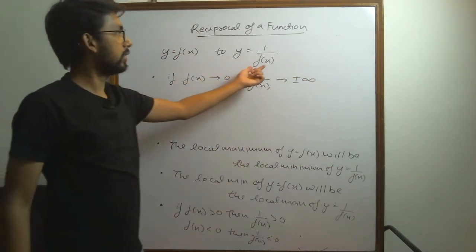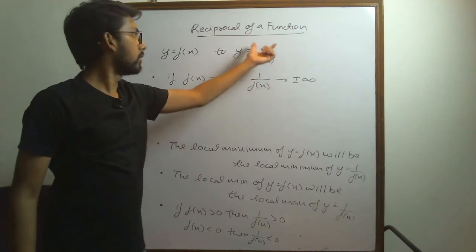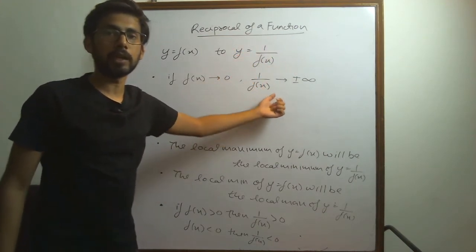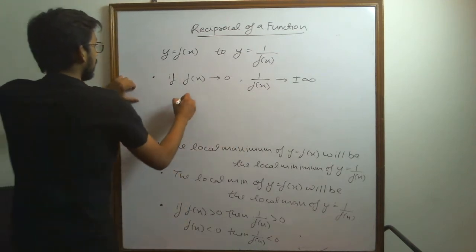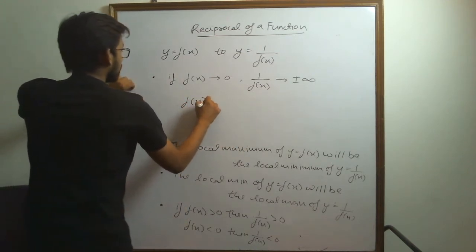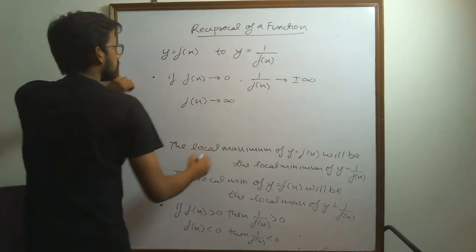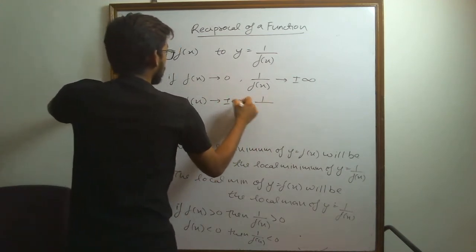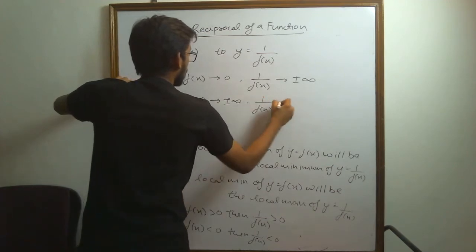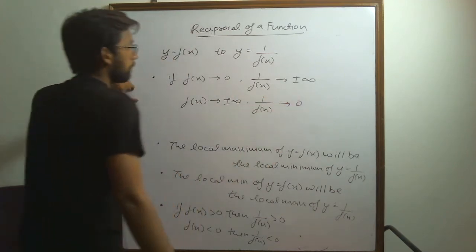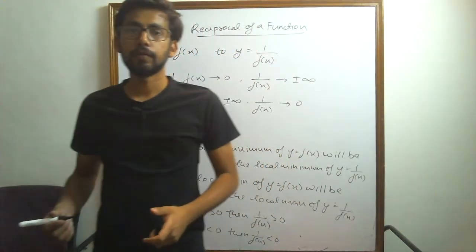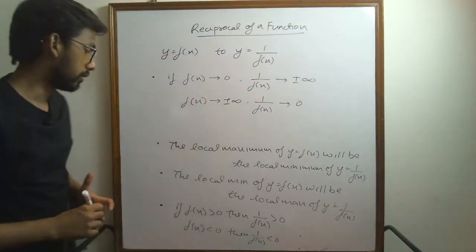As the denominator is tending towards 0, the value of y will tend to either infinity or minus infinity depending upon the sign. And wherever f of x tends to infinity, 1 upon f of x will tend to 0. So these are the points that we need to remember while graphing the reciprocal of a function.